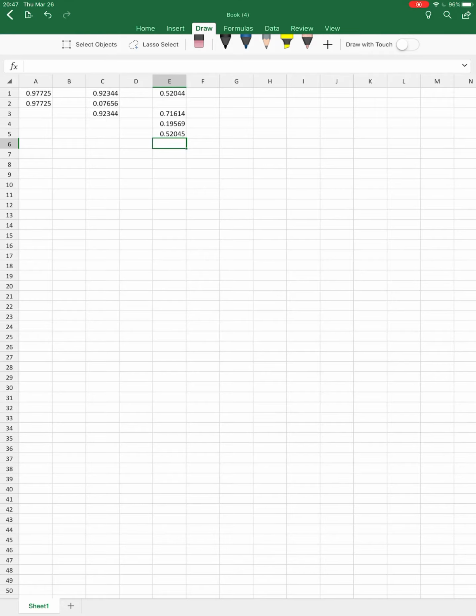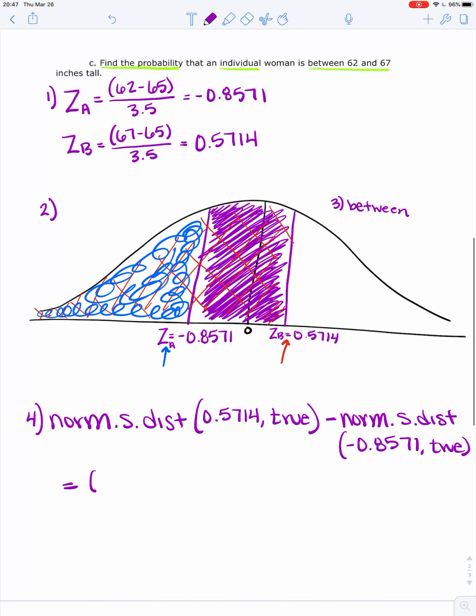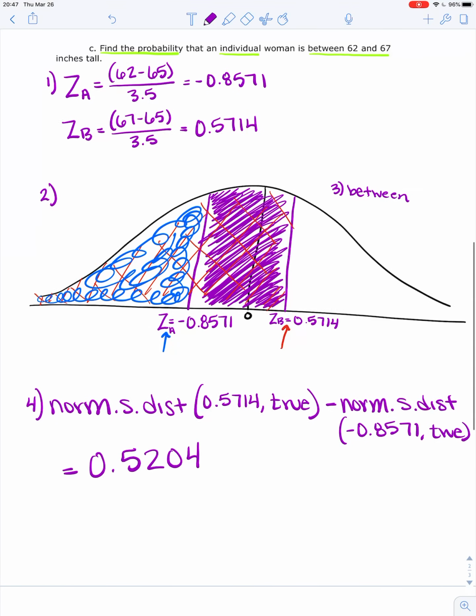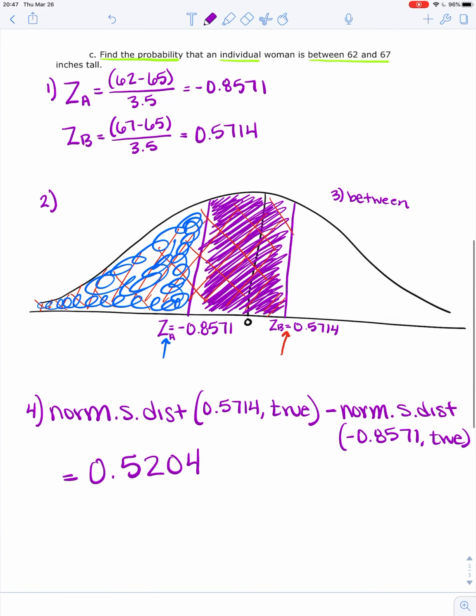Okay, so I do the subtraction, and that gets rid of the extra probability that I'm getting off to the left that I don't want. So 0.5204 is my answer. So there's about a 52% probability that a random woman would be between 62 and 67 inches in height.